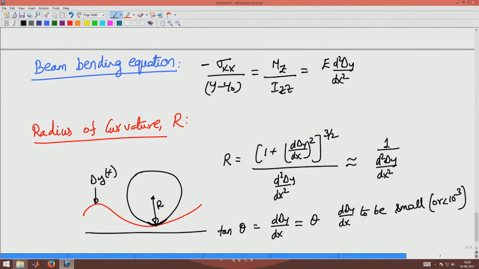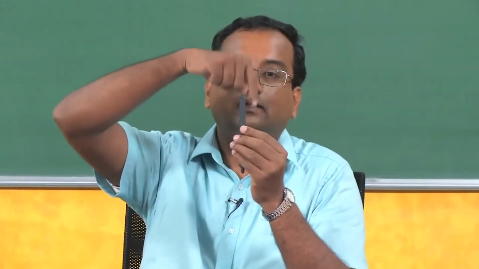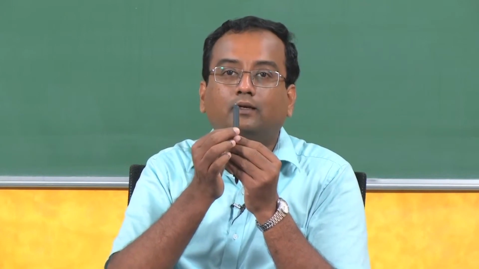Now, rewriting this, the equation becomes E by R. That is the bending equation. So, if I take a wire and wound it around this pen, the radius of curvature of that wire would be the radius of this pen at that actual location.